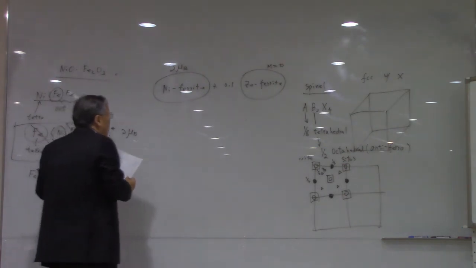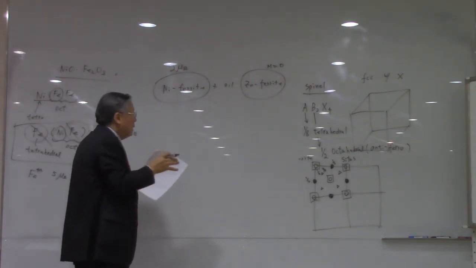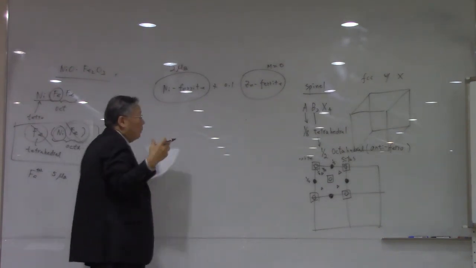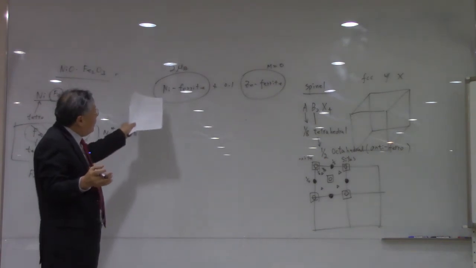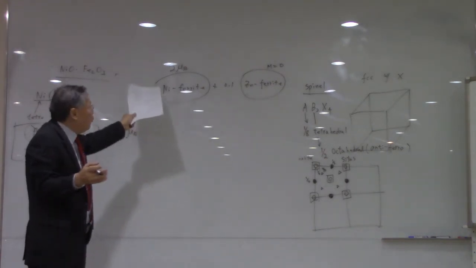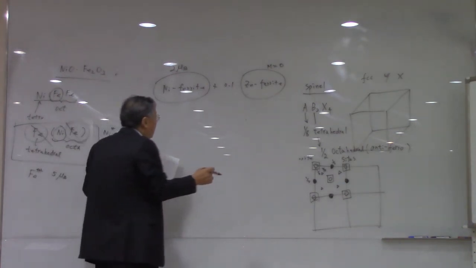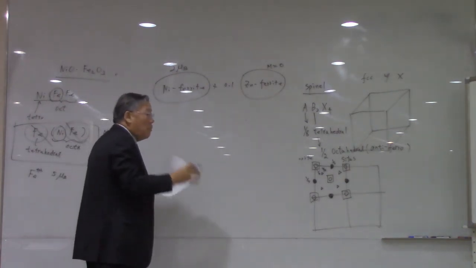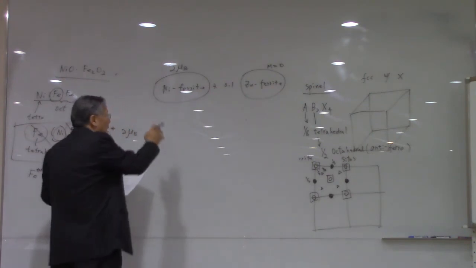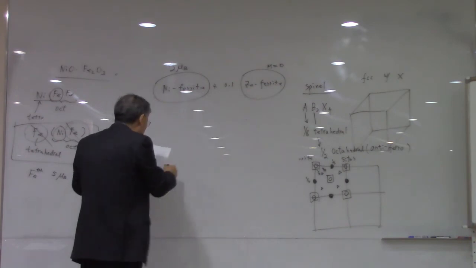Right? Now let's see what's going to happen if we mix those two things. In the normal way of thinking, this material should have two Bohr magnetons, right? But it turns out that we are going to have more than two Bohr magnetons if we mix nickel ferrite with zinc ferrite, just 10%.